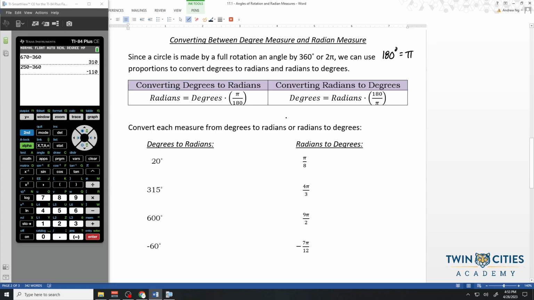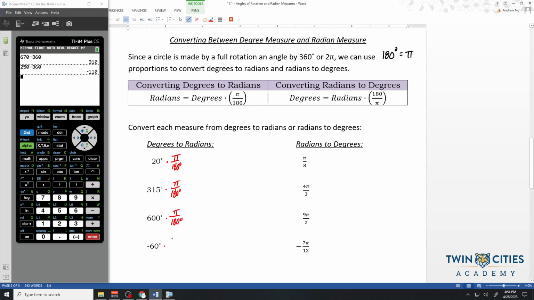So let's do some of these conversions. Let's go from degrees to radians first. Let's start with 20 degrees. I'm going to multiply this by pi over 180, as it states here. In fact, I'm going to do that to all of these. So 315 degrees times pi over 180 degrees. 600 degrees times pi over 180 degrees.